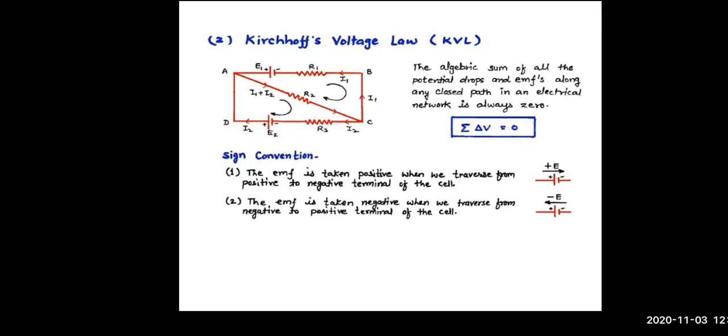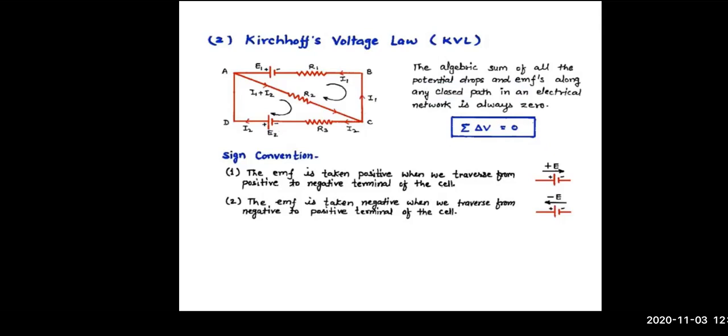Right, children? Now what does Kirchhoff's voltage law say? It says that the algebraic sum of potential drop and EMF in a closed path is always equal to 0. Means if you add all the EMFs and the potential differences, they will be equal to 0, right?